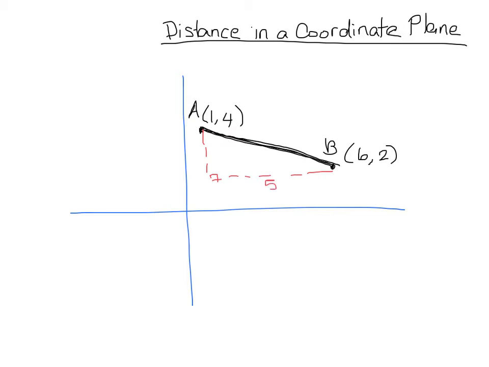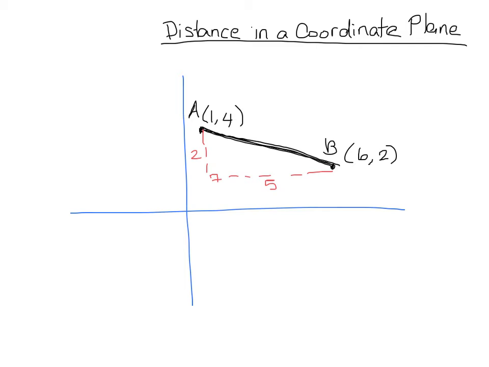Similar idea, going from B vertically up to A, we're going from 2 up to 4, so the height of our triangle is 2. So we just subtracted those values. Alright, so now we're looking at a right triangle with a base of 5, a height of 2, and we do not know the hypotenuse of our right triangle.